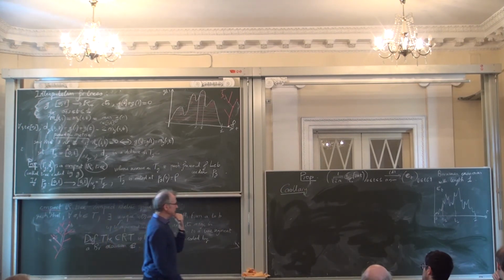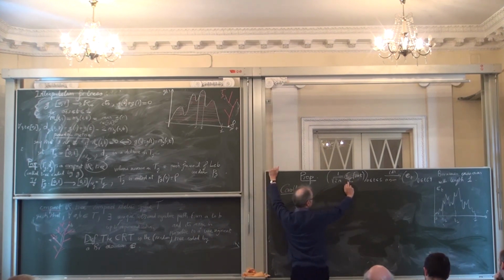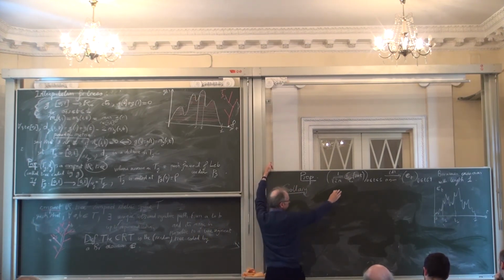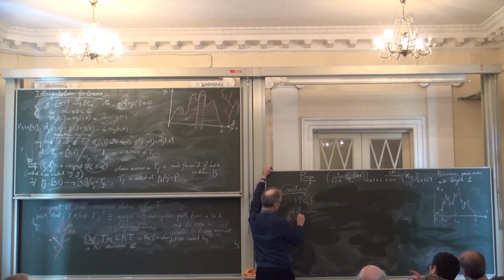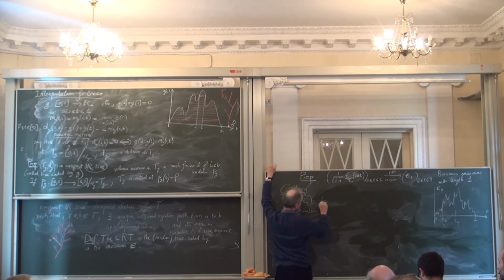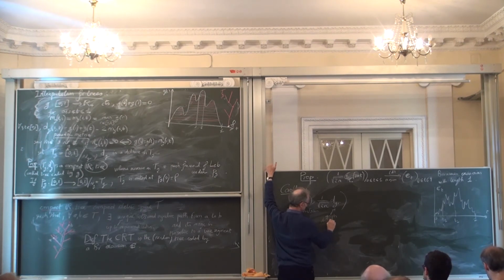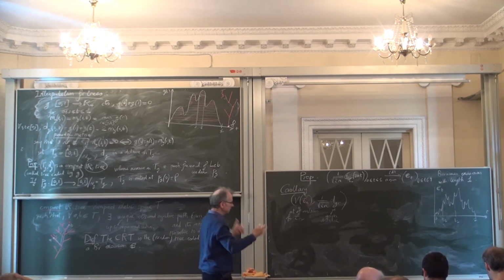The consequence of this is that if you look now at the set of vertices, in the way I defined the tree, tau n was just the same as the set of vertices, but maybe for convenience, I will still write V of tau n. So this is the set of vertices of tau n. I'm going to equip this with a metric, which will be 1 over square root of 2n, the same as here, times the graph distance. This is the graph distance on the tree. The tree itself is a graph, so you can define the graph distance.